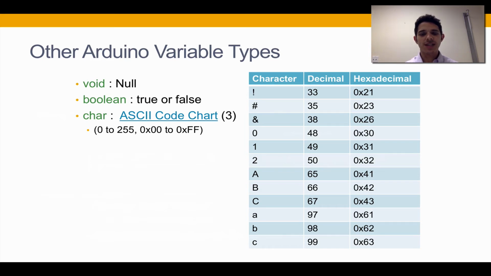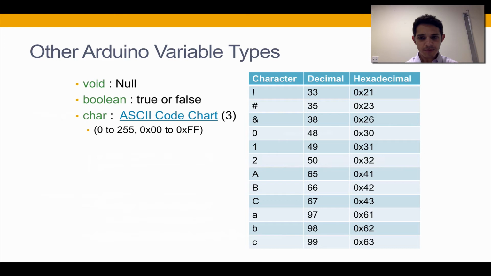So it turns out that we have these ASCII code charts, which are basically language translation tables. So for each character, we have a corresponding decimal value and a corresponding hexadecimal value. So each character gets assigned to it 1 byte in hexadecimal. So for example, it turns out that assigned to the character exclamation point, we have the hexadecimal value 21.